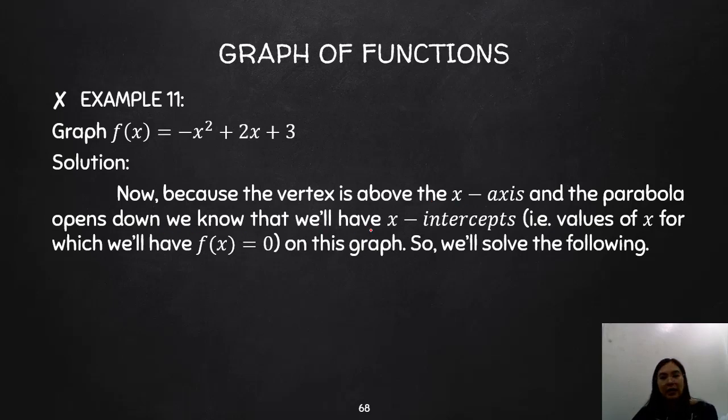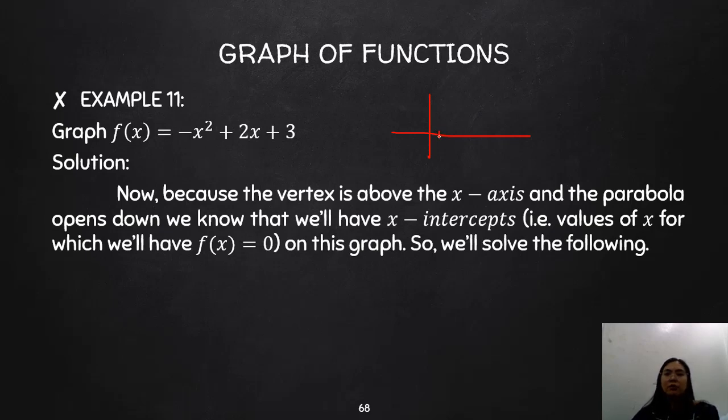We know that we'll have x-intercepts, the values of x wherein your value of y is equal to 0. Kung ipa-plot natin yung coordinate, di ba alam natin na it will open downwards. And ang vertex niya is 1, 4.